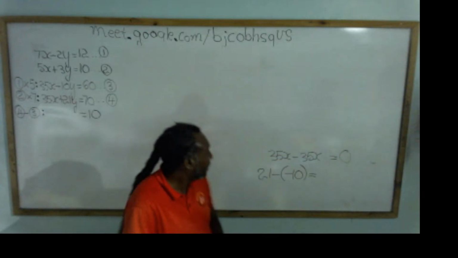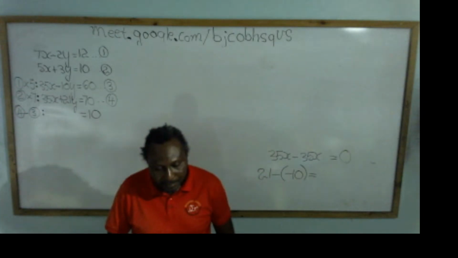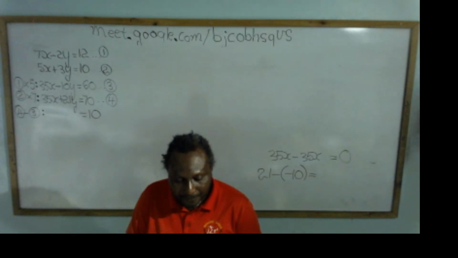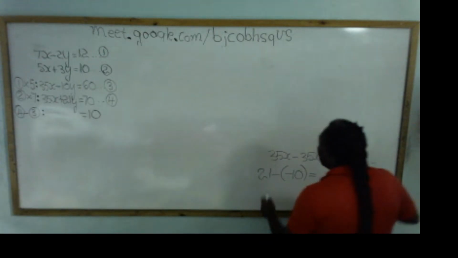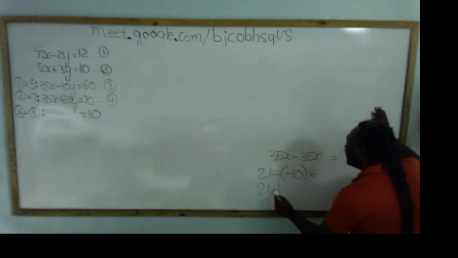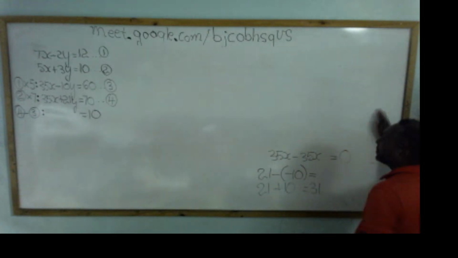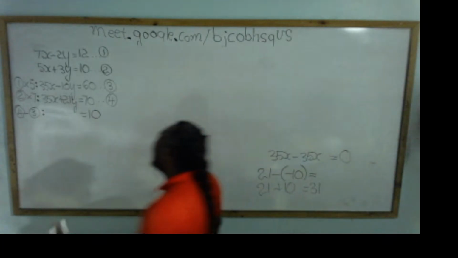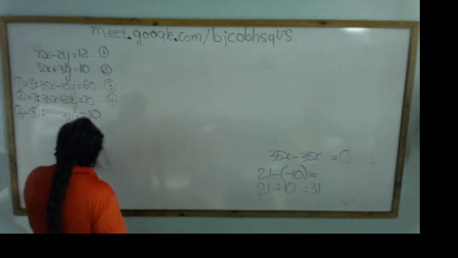What is 21 minus negative 10? 31 is correct. From your directed numbers, this is the result, and that's equal to 31. So what we'll have then, the x's will be eliminated, and we have 31y is equal to 10.